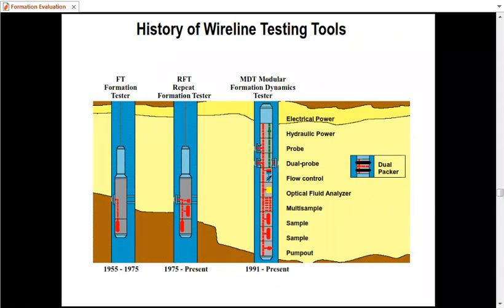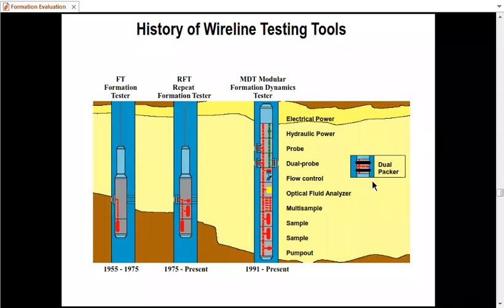This tool has great benefits, and also has great specifications and accessories regarding the fluid analyzer, the dual probes, the types of samples, the number of samples, the pump out option, and the power telemetry system, from electric power and the hydraulic power telemetry system, and sometimes a dual packer option.